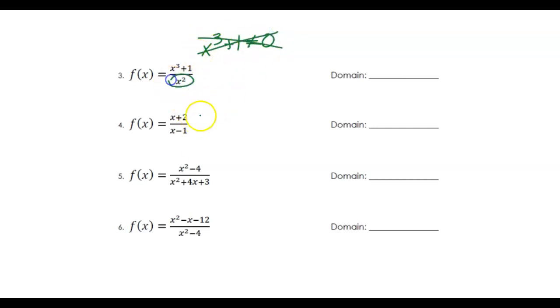I do care about the denominator though. So x squared cannot be 0, correct? Well, I can't really factor x squared. I mean, I guess I could, x times x. But how do you really undo a square? So if you square root the left side and you square root the right side, you get x is not equal to what? 0. Yeah. X just can't be equal to 0.